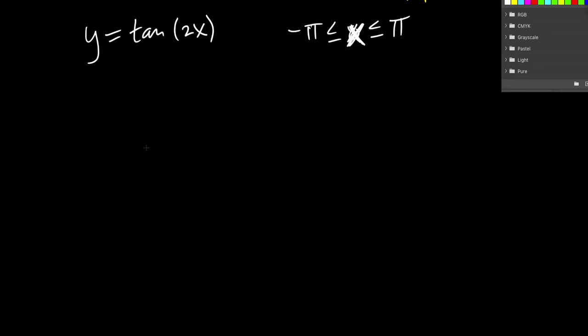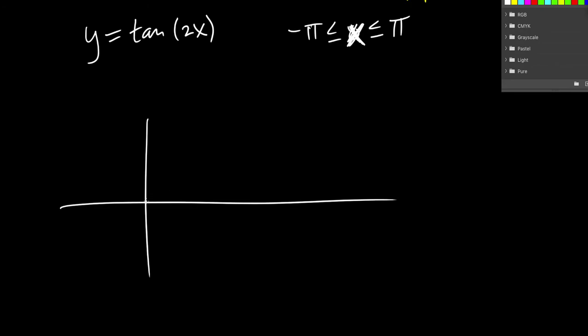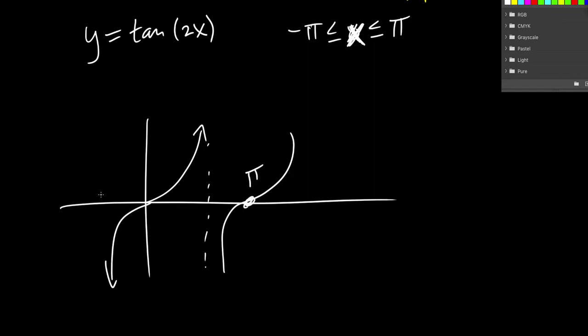And so if we draw our original tangent function, that's pi, that's negative pi. I know that's kind of a messy drawing. You can always look in your book for a better drawing if you want to see that.